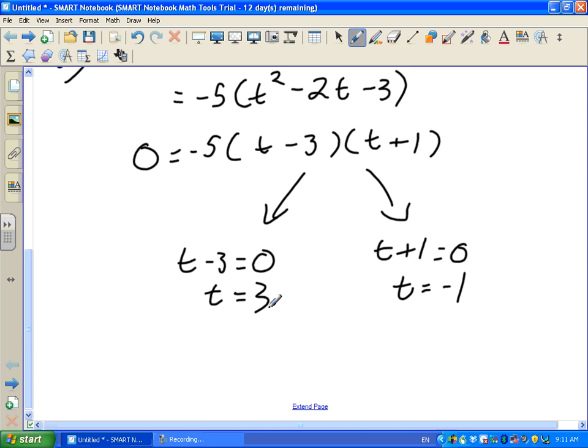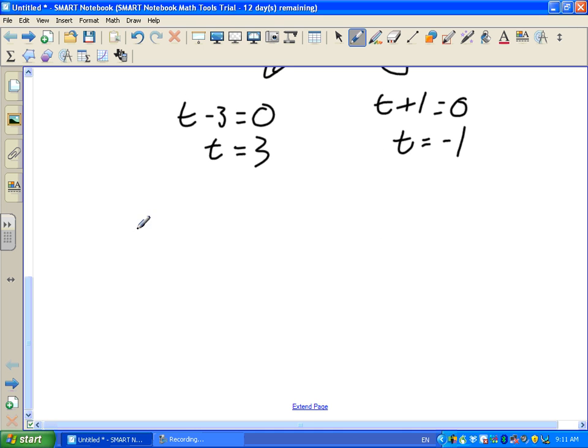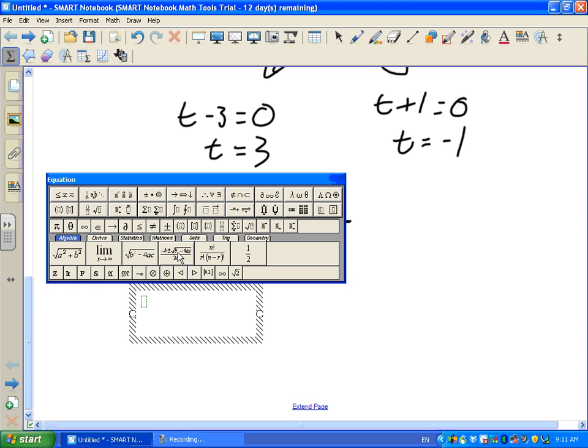I'm going to give you a formula today, this quadratic formula, where you can also solve any of these equations the exact same way. So we're going to rewrite what we had above. Our question gave us negative 5t squared plus 10t plus 15. And our quadratic formula looks like this.